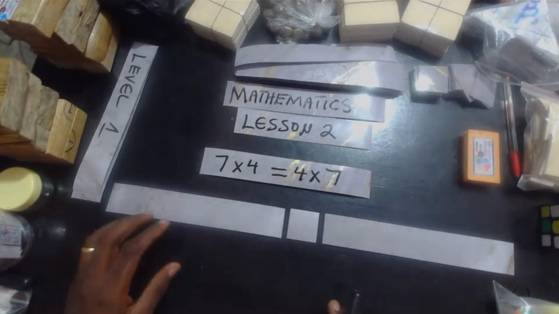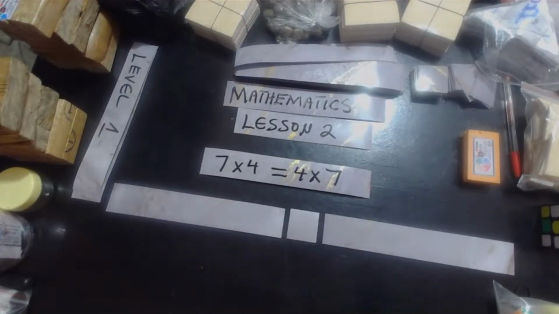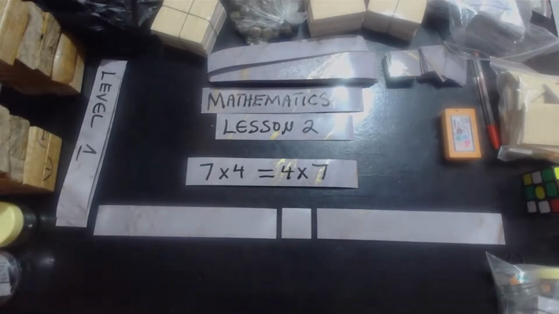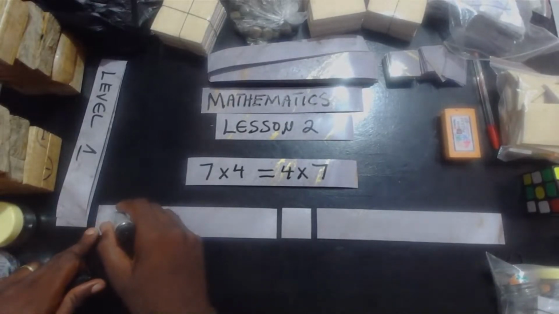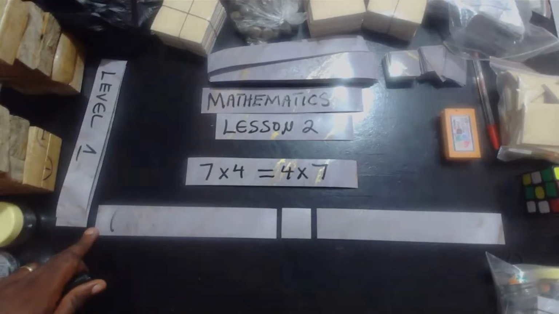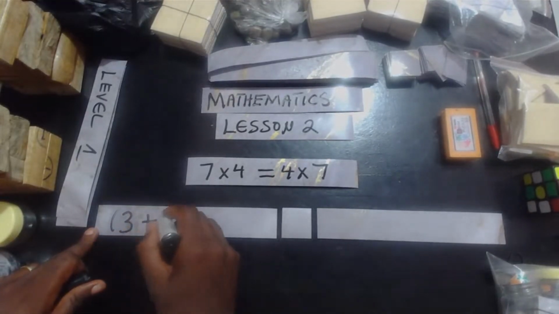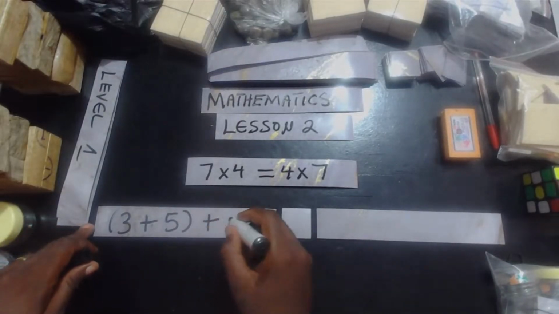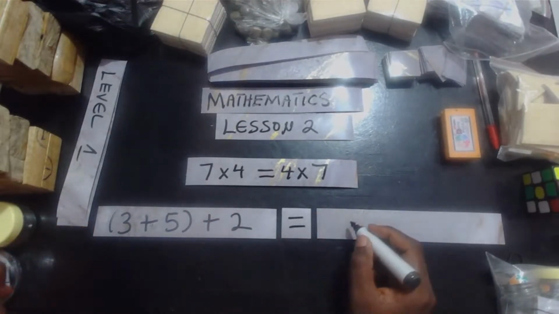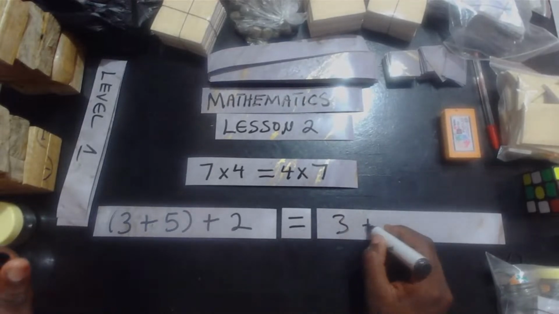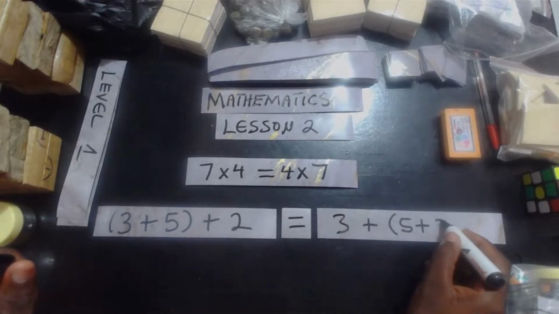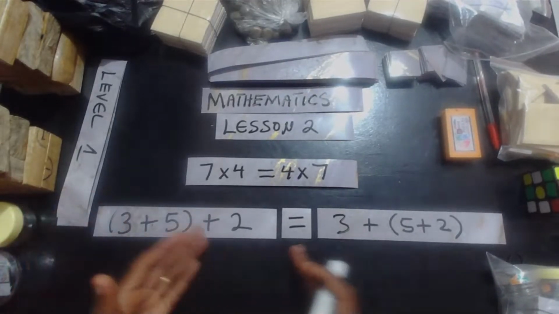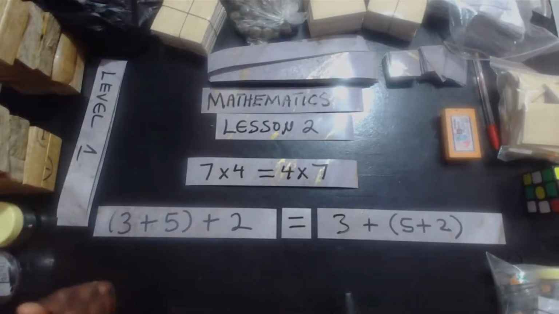So the 2 parts we are considering are 3 added on to 5, or 5 added on to 3, plus 2, equal to 3 added on to 5 plus 2. What property of operation is shown here? Your guess is as good as mine.